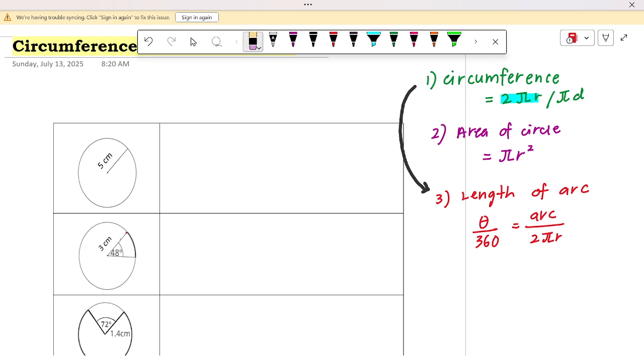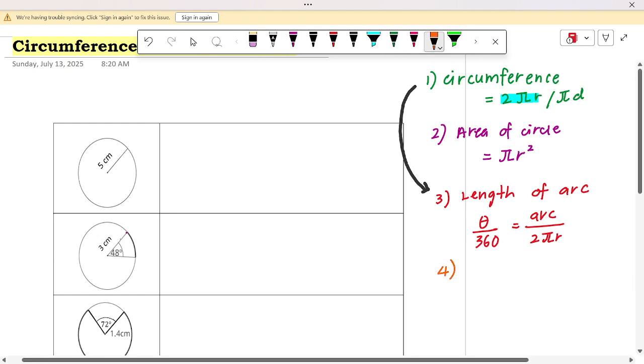And the last formula for this chapter is area of sector. When we talk about area of sector, we relate back to the area formula, where theta over 360 is equivalent to area over pi r square.